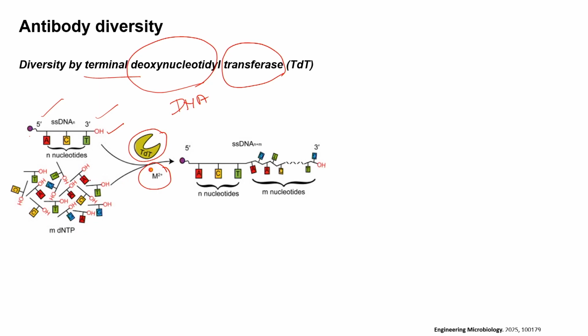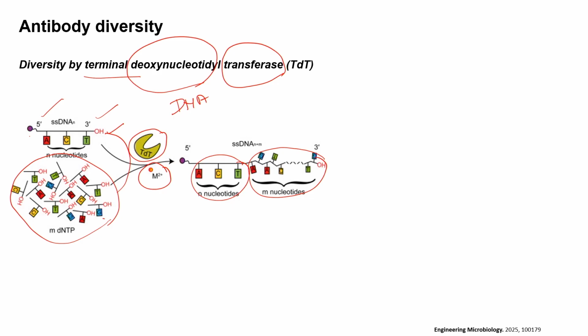We can see there could be A, T, C, G all randomly present, and this enzyme can add them here. What we get in the end is that this ACT was the parental molecule, and this could be the addition of things at the 3' end.